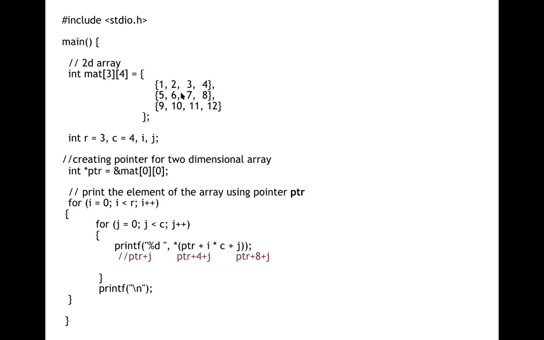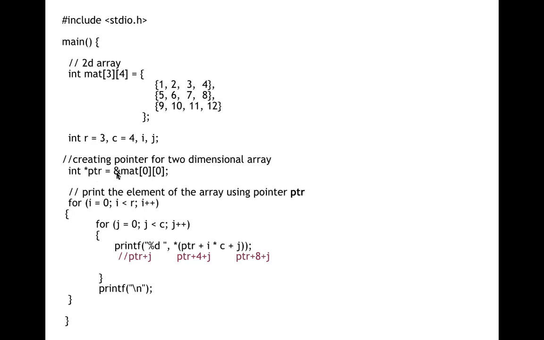The first row within braces, the second row within braces, the third row within braces, and together enclosed within braces. From this we can see there are 3 rows and 4 columns, so I've initialized R to 3, C to 4, and I and J as my looping variables. Then I'm creating a pointer variable which is going to point to the starting address of my matrix.